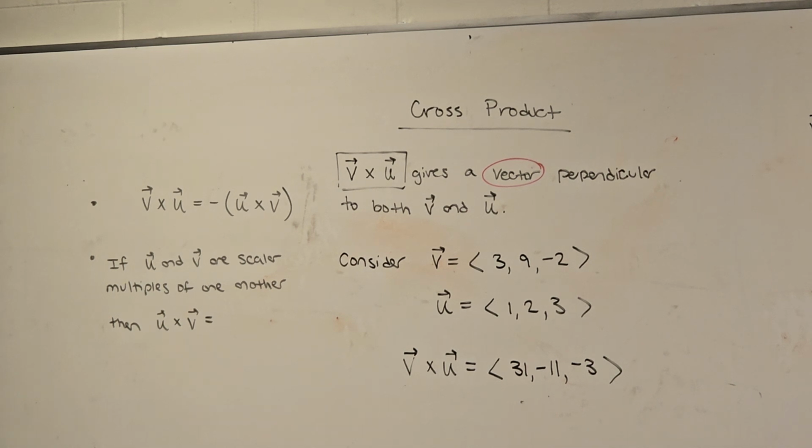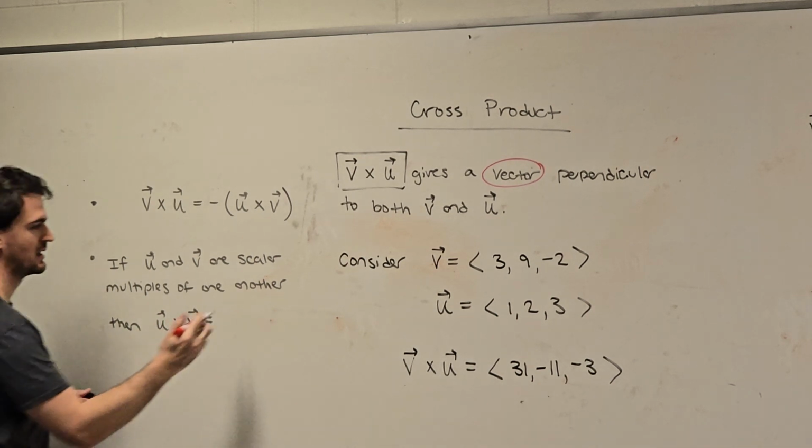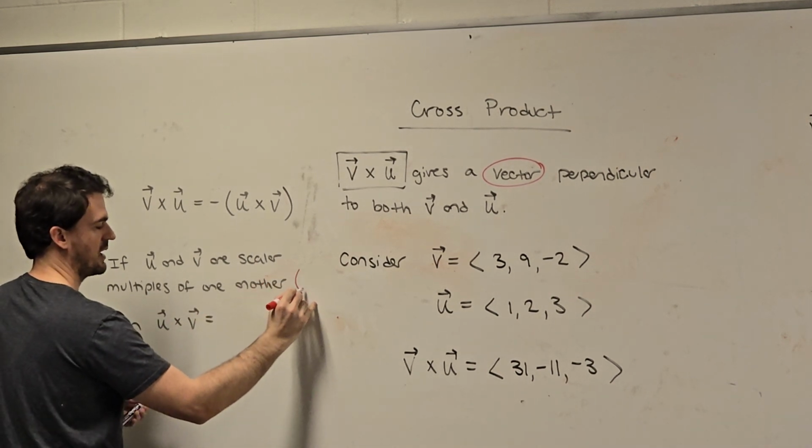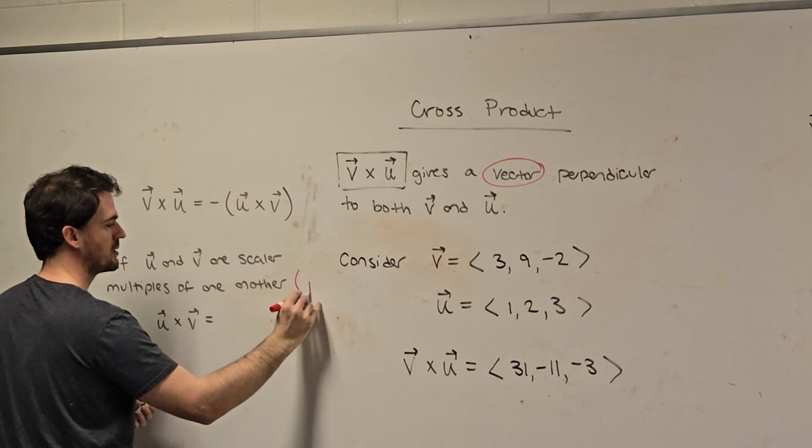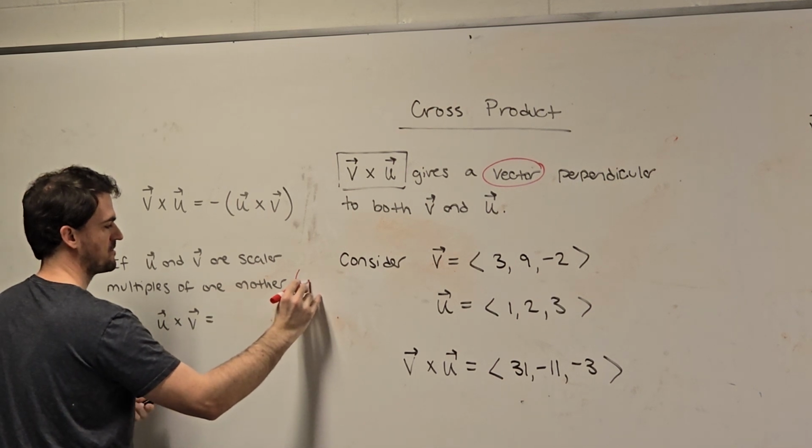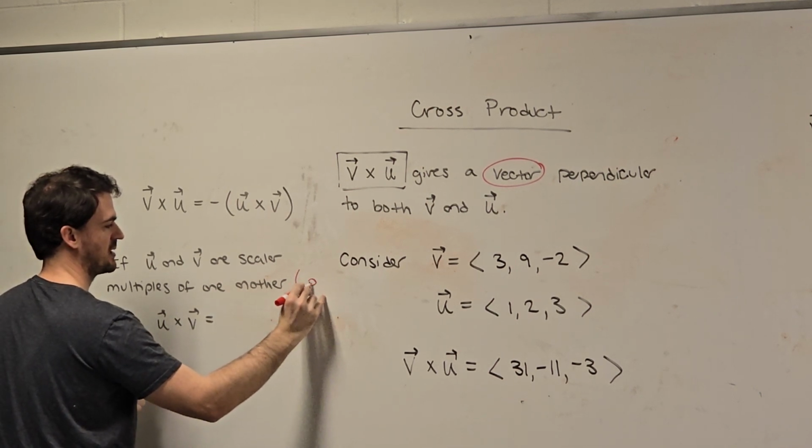The next fun fact for us: if vectors u and v are scalar multiples of one another, which, remind me, what does that mean if two vectors are scalar multiples? Those vectors are parallel.